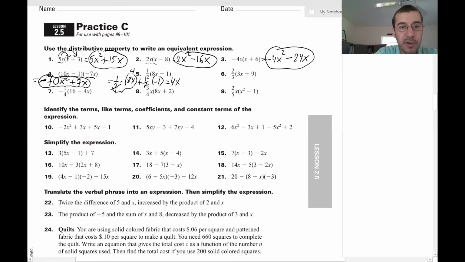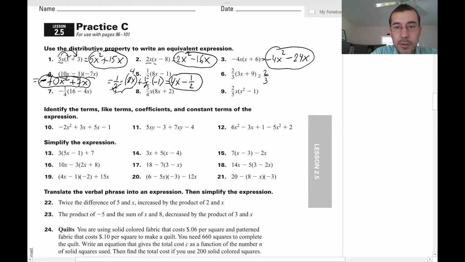And then plus 1/2 times minus 1, the sign will be minus, because we're multiplying two numbers with different signs, minus. And then 1 times 1/2, well, any number multiplied by 1 is the same number, so 1/2 times 1 is 1/2, so minus 1/2. So 4x minus 1/2.